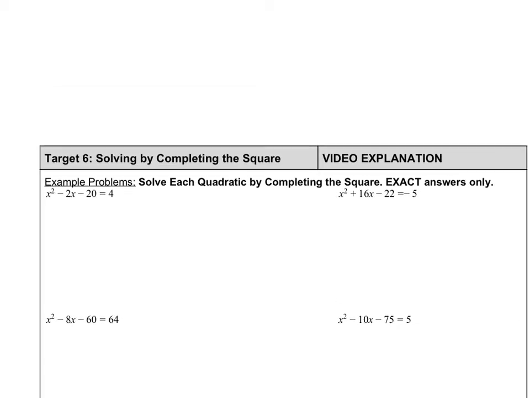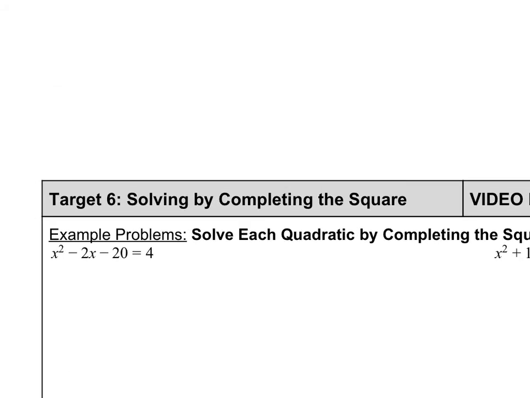Now, completing the square revolves around the idea that if we had some sort of a trinomial, so I'll use a simple one here, let's say x squared plus 6x plus 9. If we have a perfect square trinomial, so a special case factor pattern, that can factor down into a binomial, so two terms squared.